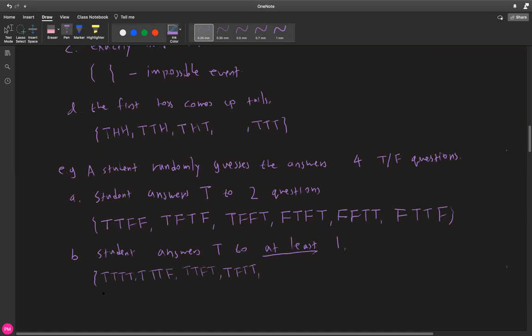Let's do true, true, false, false. True, false, true, false. True, false, false, true. True, false, false, false.